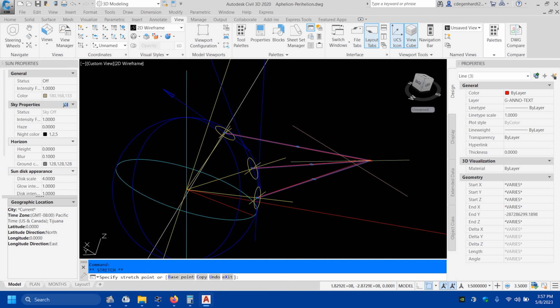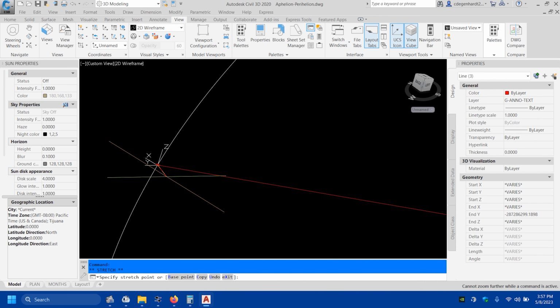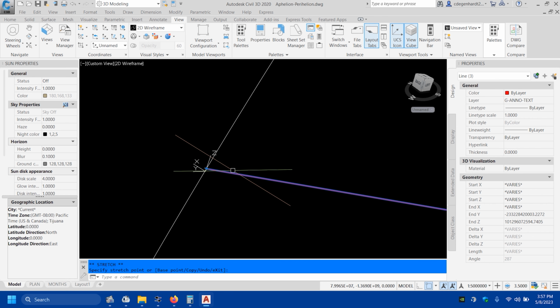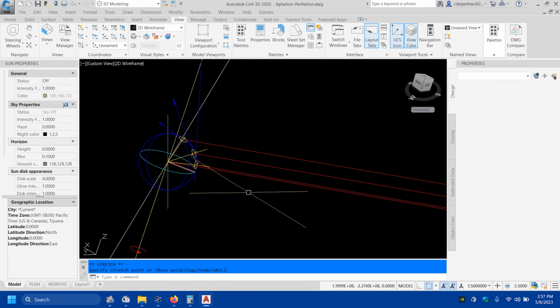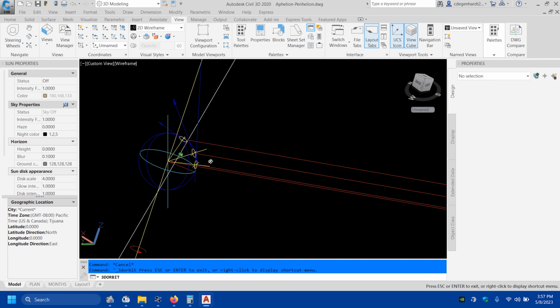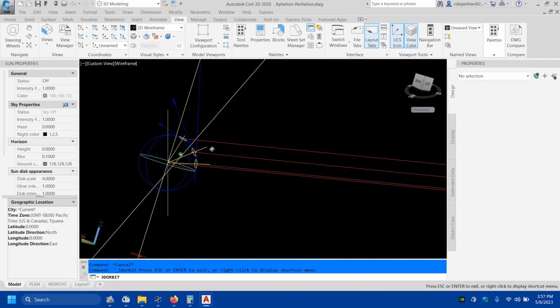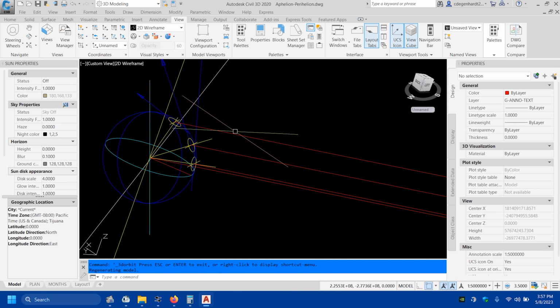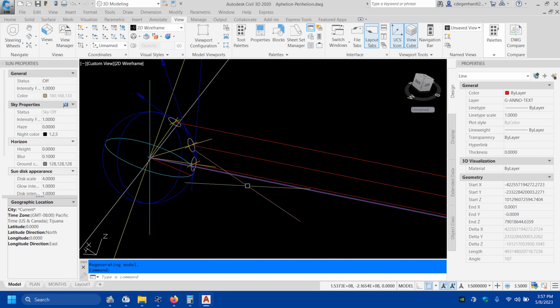We'll just grab that then to the sun. Okay, now I can take measurements. So that line's the sun.